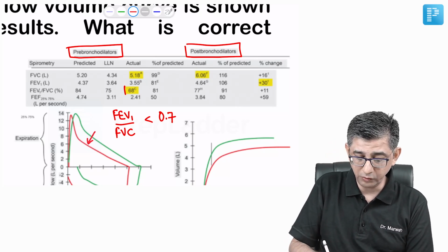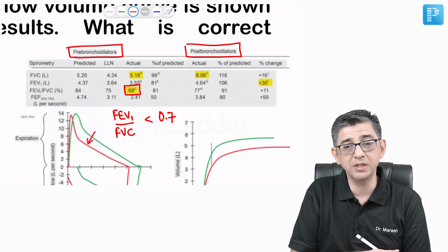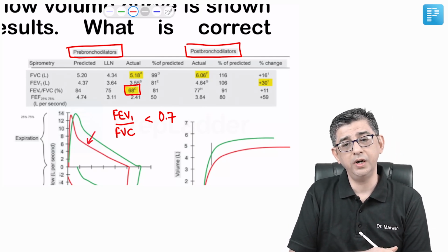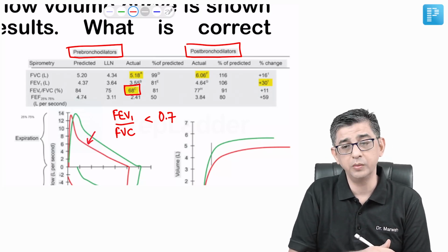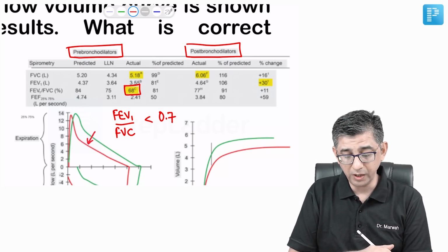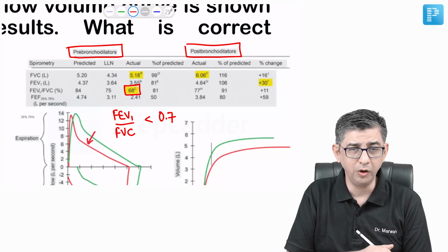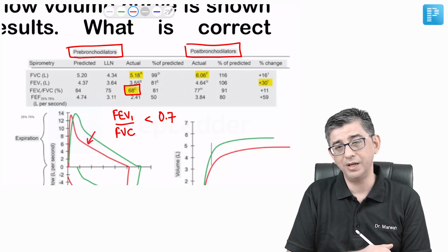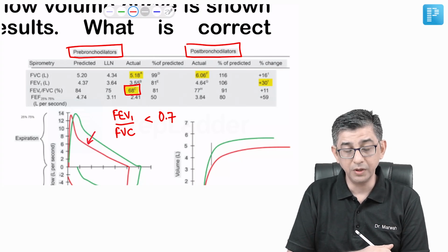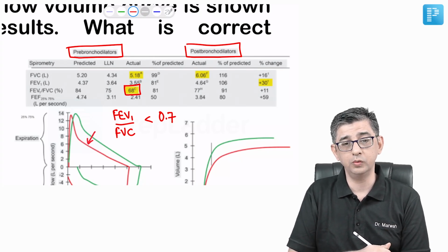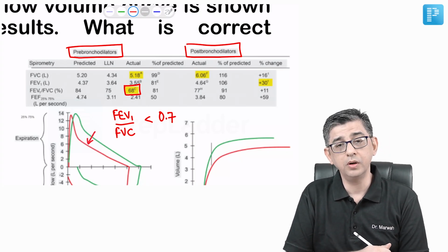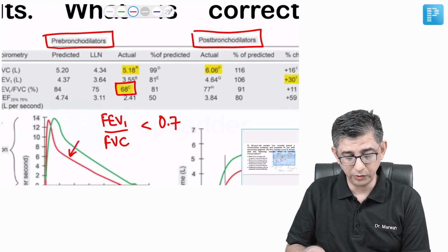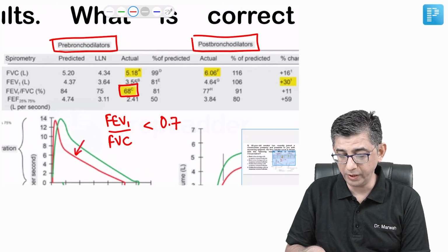And in this question you very well notice the value given is about 68, and then subsequently after giving a bronchodilator there is an improvement in the condition of the patient as well. And let's look at the FEV1 value also. These values may not be the actual ones that came in the exam, but I selected an image from the textbook which was very close to what was actually asked. If you look at the FEV1, it was before, in fact I'll just zoom it more so that it's more clear on your mobile.